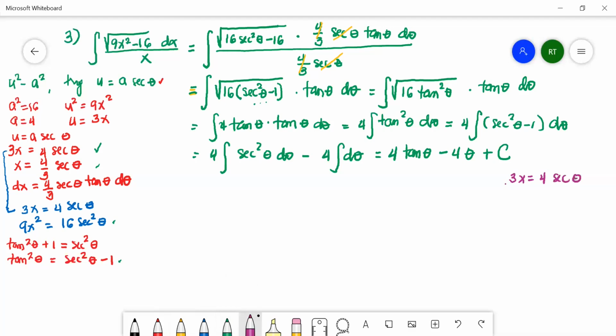This is our substitution. Now, if we divide both sides of the equation by 4, that will give us secant of theta is equal to 3x over 4.